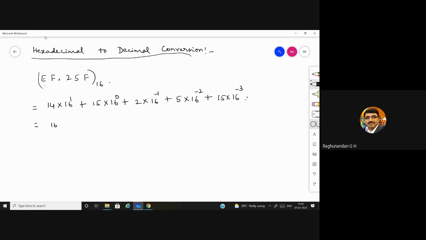14 into 16 plus 15 into 1 plus 2 by 16 plus 5 by 16 square plus 15 by 16 cube. Use your calculators.